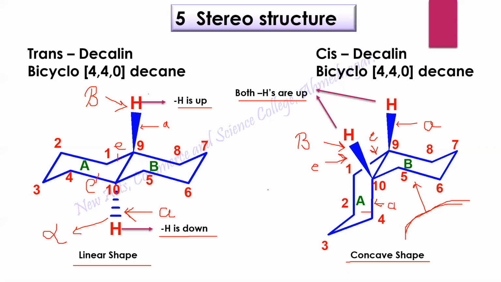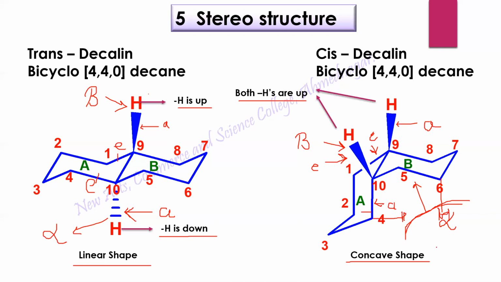One more thing, in the case of a cis-decalin system, the lower part, the alpha side, is more hindered. The reason behind it is the axial hydrogen present at the fourth position and the axial hydrogen present at the sixth position.